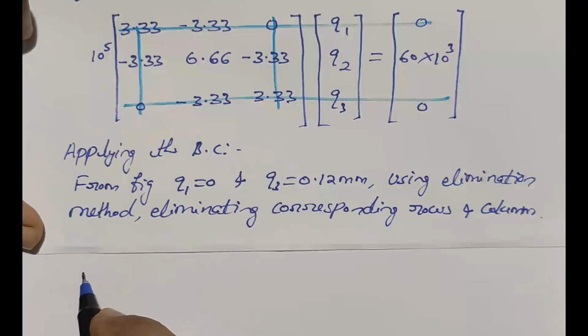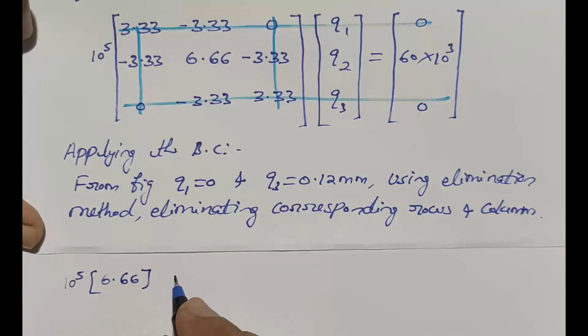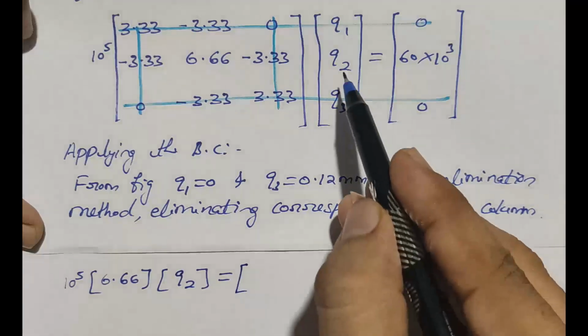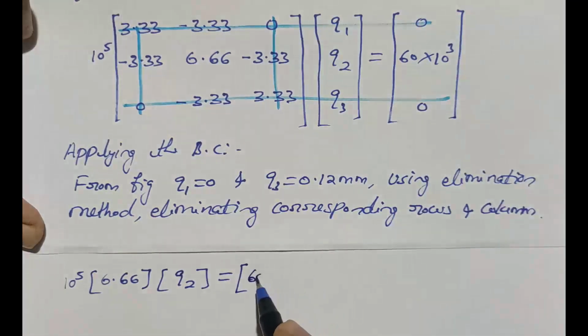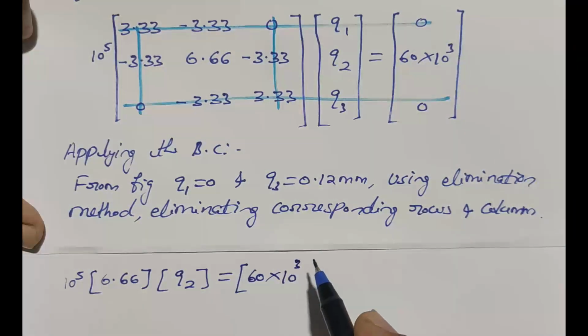Now the equilibrium equation reduces to 10 power 5 into 6.66 into Q2 is equal to, see the change in the force vector, here it is 60 into 10 power 3.